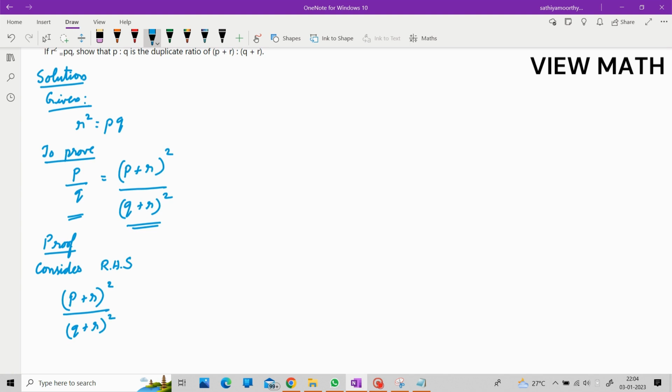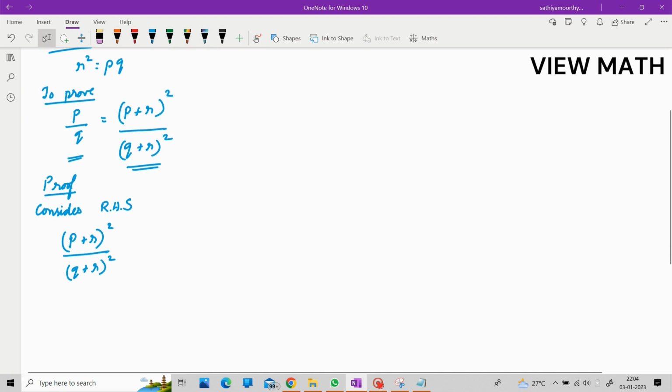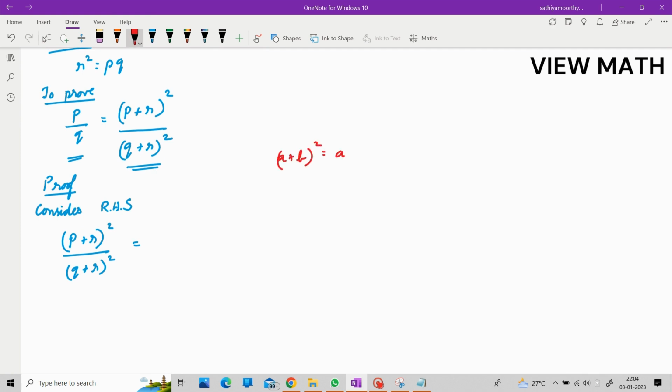This is nothing but the duplicate ratio of p plus r is to q plus r, which is equal to p plus r the whole square over q plus r the whole square. We know the formula, a plus b the whole square is equal to a square plus b square plus 2ab.